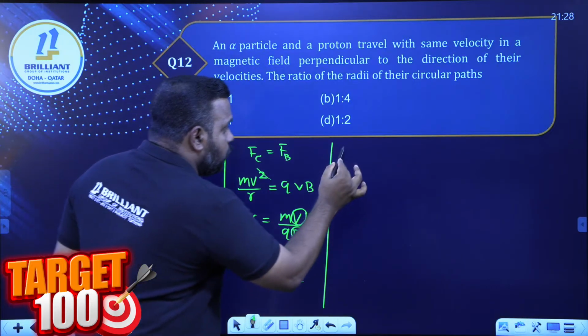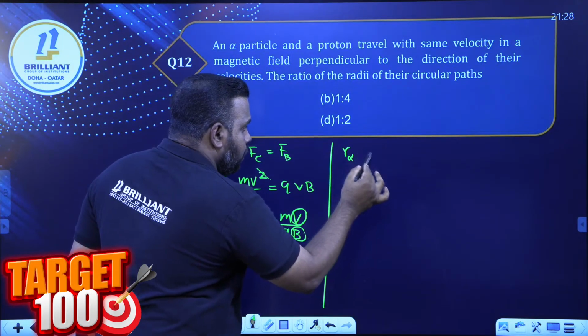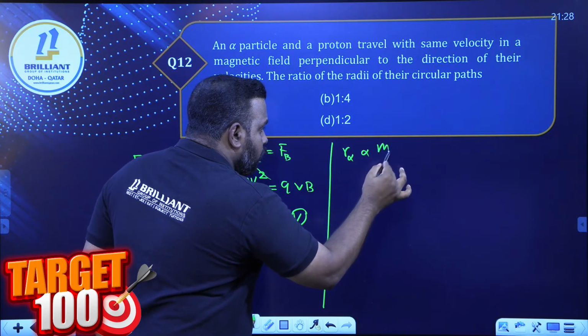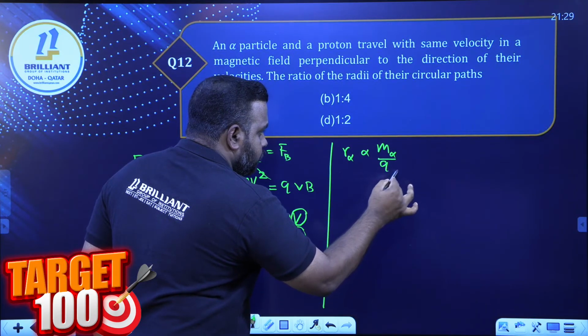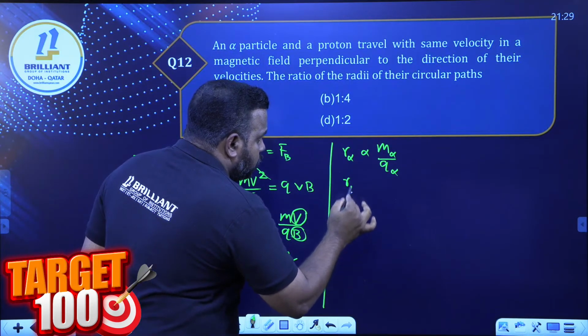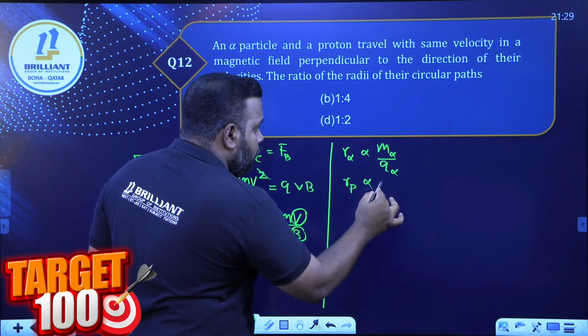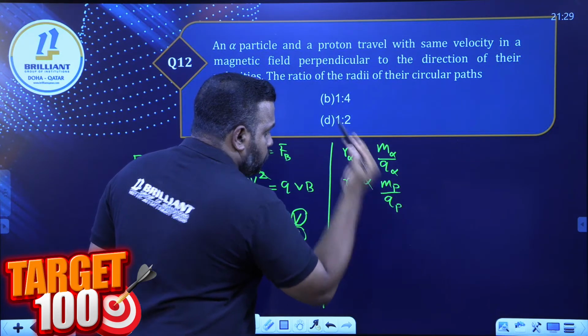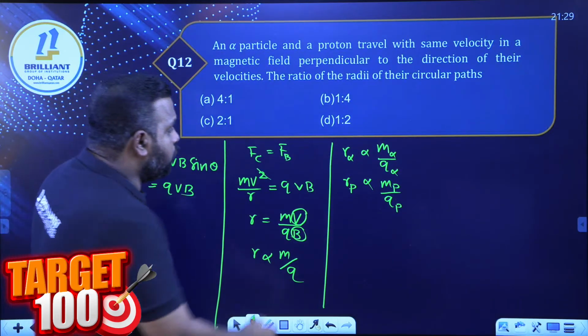So from this equation what we can write? R of alpha will be proportional to mass of alpha by charge of alpha. Same way, radius of proton will be proportional to what? Mass of proton divided by charge of proton. We have to find the ratio of this.